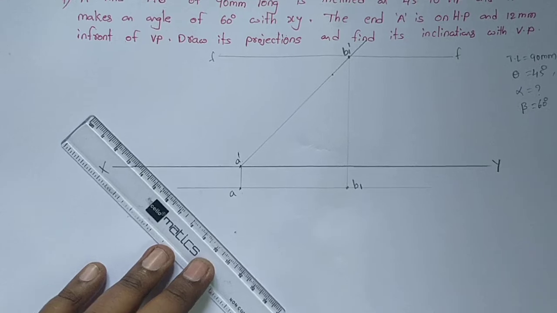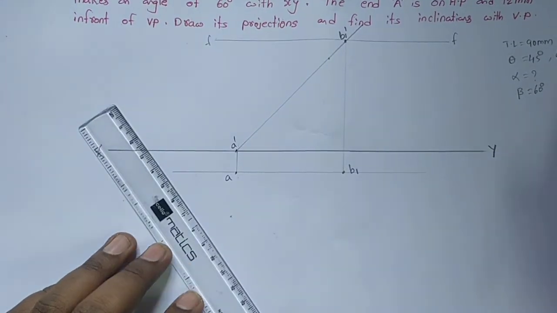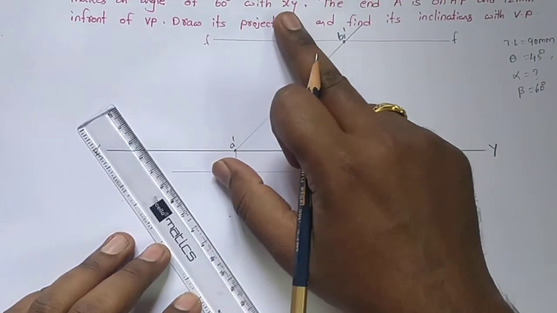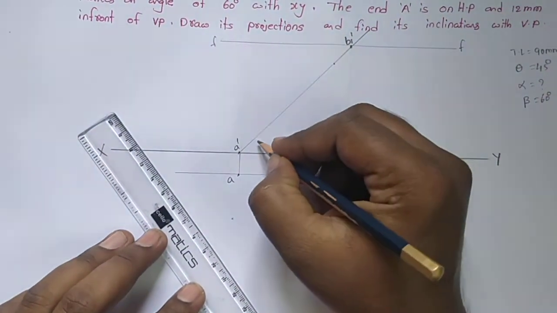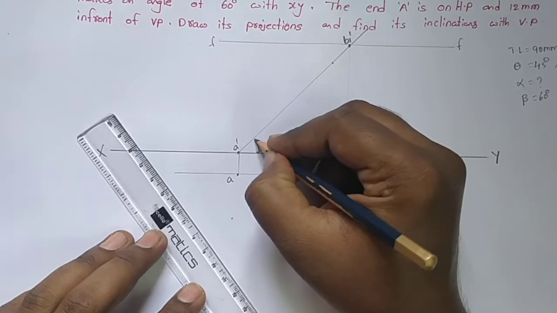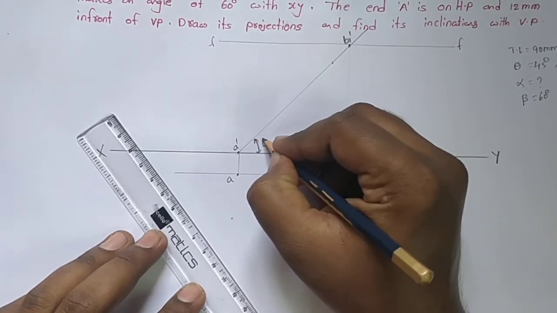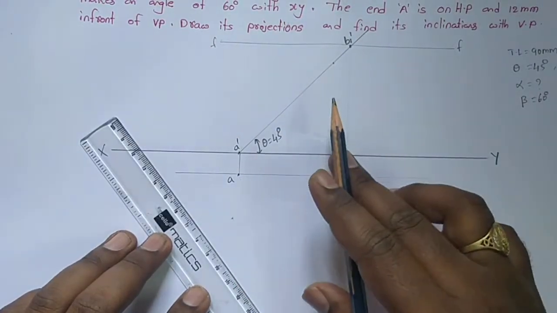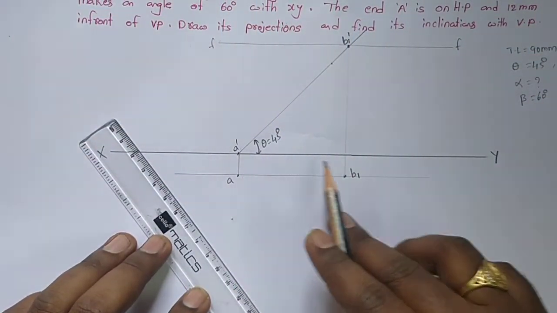Coming to top view, here the top view makes an angle 60 degrees with XY. Here this angle they gave 45 degrees, that is theta equals 45 degrees. Theta is nothing but the angle between true length of a line and the XY.